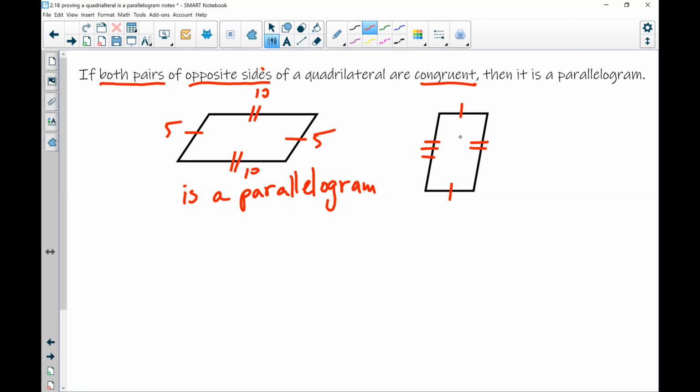Well, the top and the bottom are congruent, but the left and the right are not, so this would not be a parallelogram. They could also not even mark these sides. If they only mark the top and the bottom congruent, you don't know about the left and the right. So that would also not allow you to prove that it's a parallelogram. It could be, but we don't have enough evidence, basically.